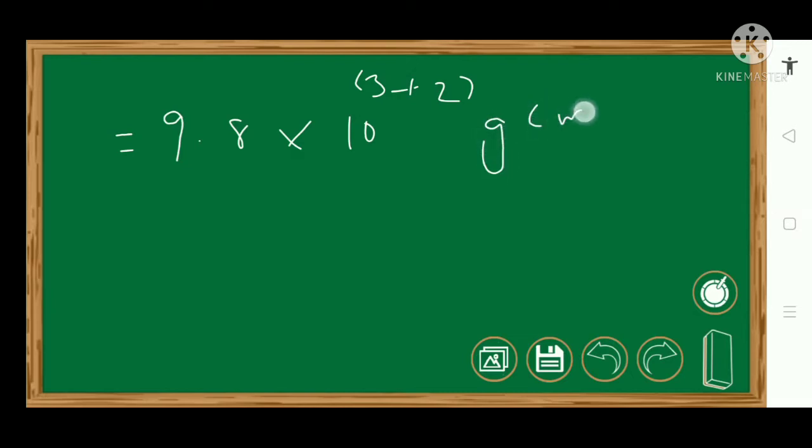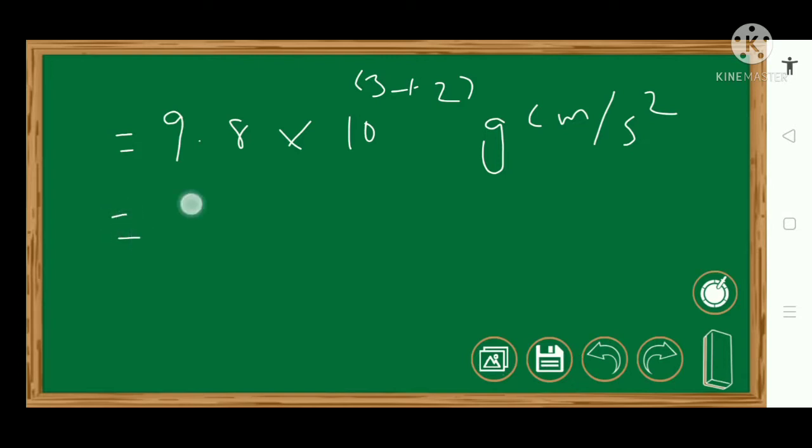1 into 9.8 is 9.8 into 10 power 3 plus 2 gram centimeter per second square.